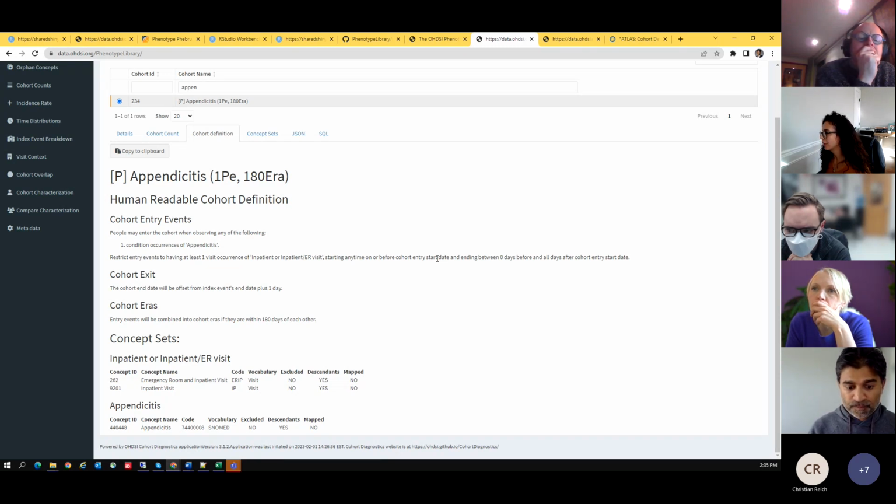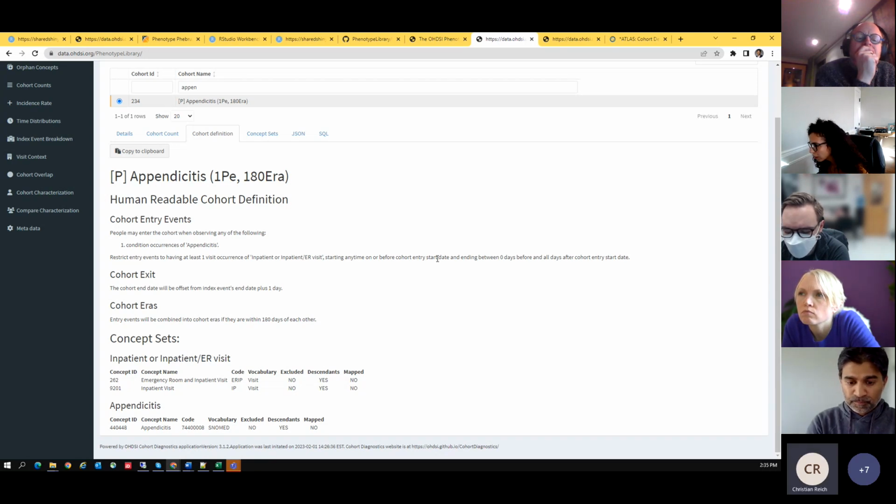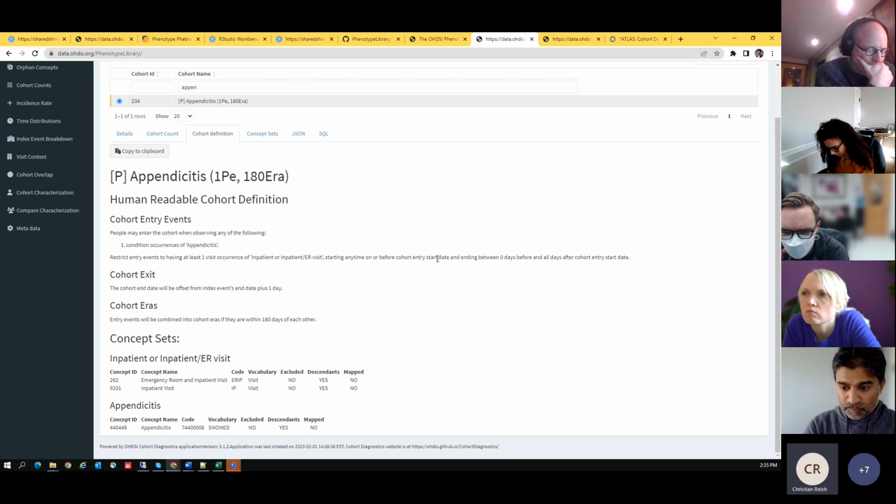So in English, that code has to occur during a visit, or at the start or the end of an inpatient or ER visit. Yep. The code has to overlap with an inpatient visit. Or ER.